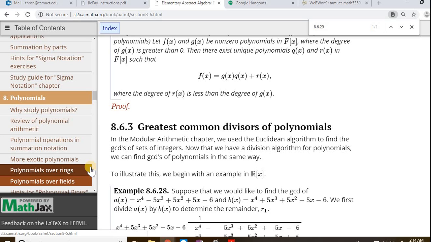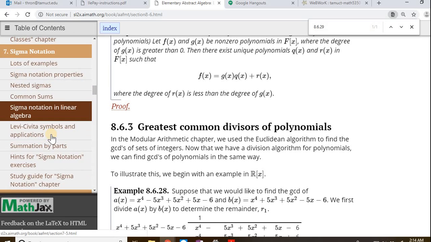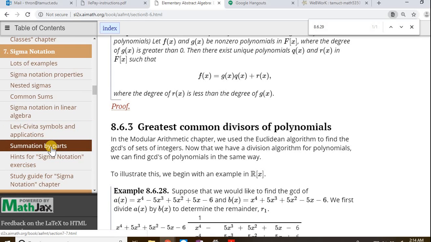I think you must have seen sigma notation in calculus. If I do some of this stuff in more depth, I would spend more time on it.